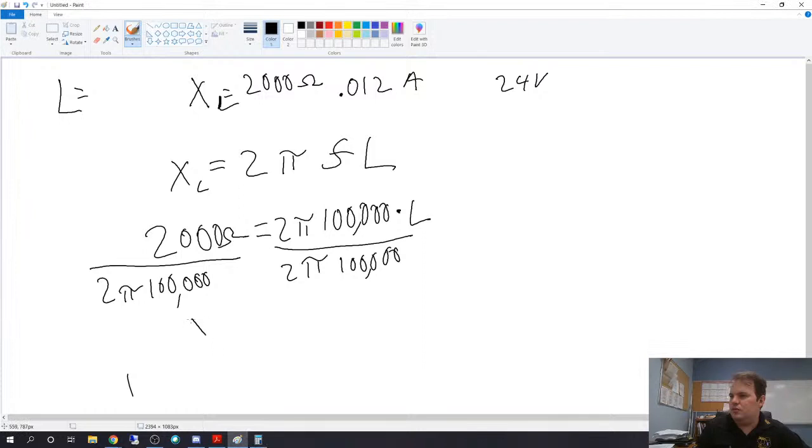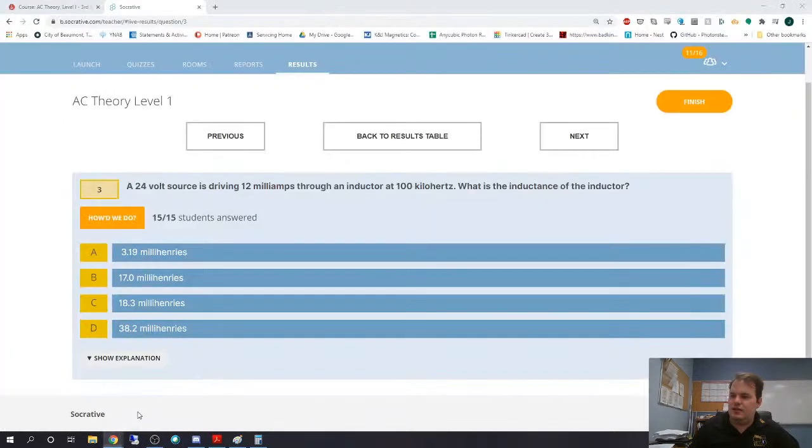So L equals 0.00318, and that is henries. Let's see if that is an option. 3.19 millihenries. That is our best option. And that's the answer. So good job. 33% of you that got it right.